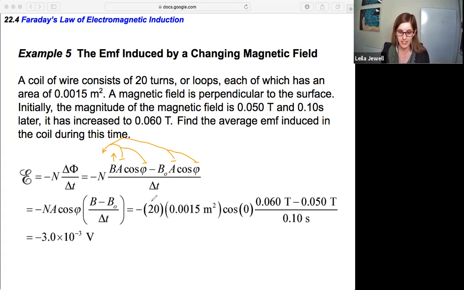So we can plug in 20 times 0.0015 square meters times cosine of 0 degrees times 0.060 minus 0.050 Tesla divided by 0.10 seconds. If you calculate that out, you should get -3.0 times 10 to the -3 volts, because volts are our SI unit of the induced EMF.